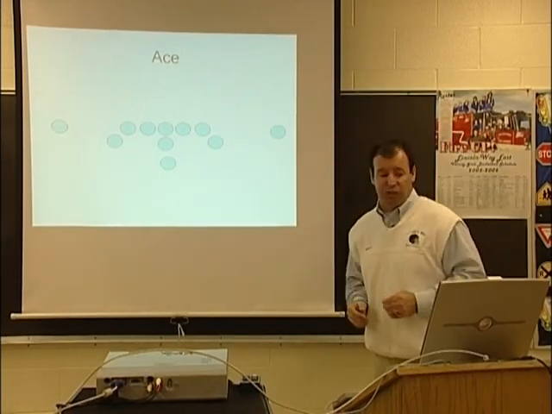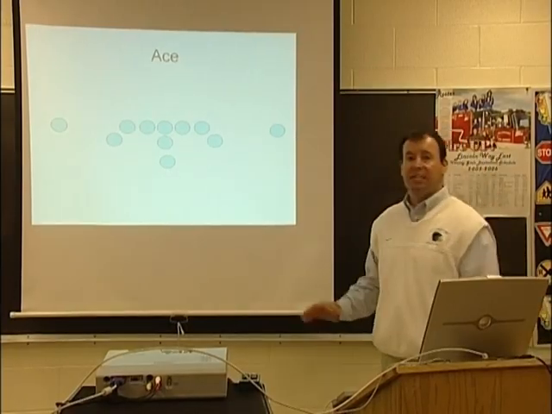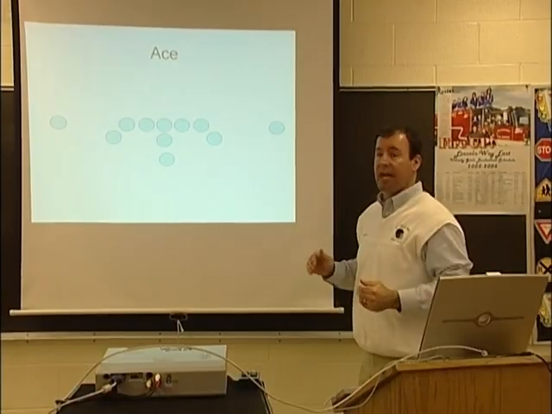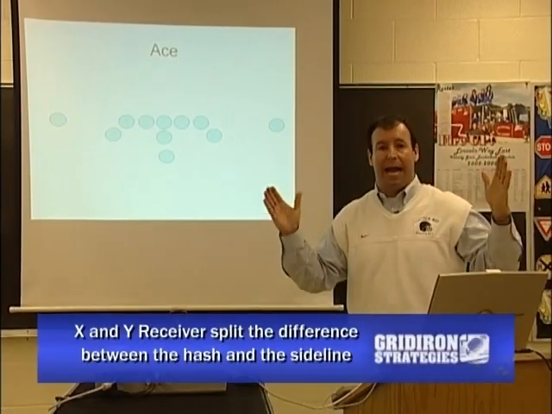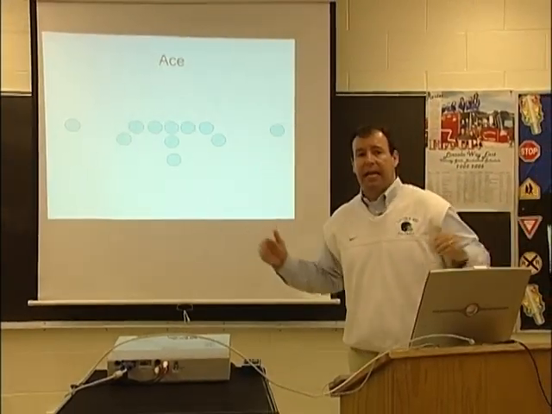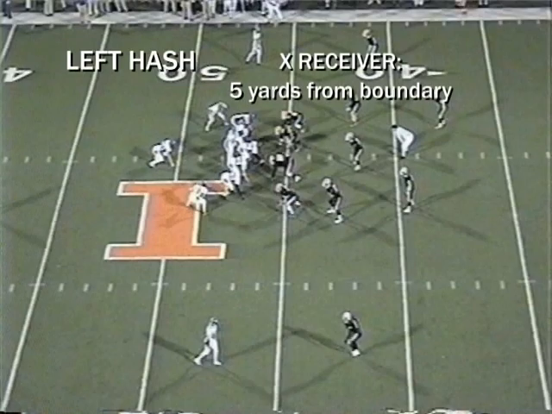In our ace formation, if the ball is in the middle of the field, our wide receivers, being our X on our left side and our Y on our right side, will split the difference between the hash and the sideline. If we are on a left hash, our left wide receiver, which is our X, is near the boundary, he will be 5 yards from the sideline.